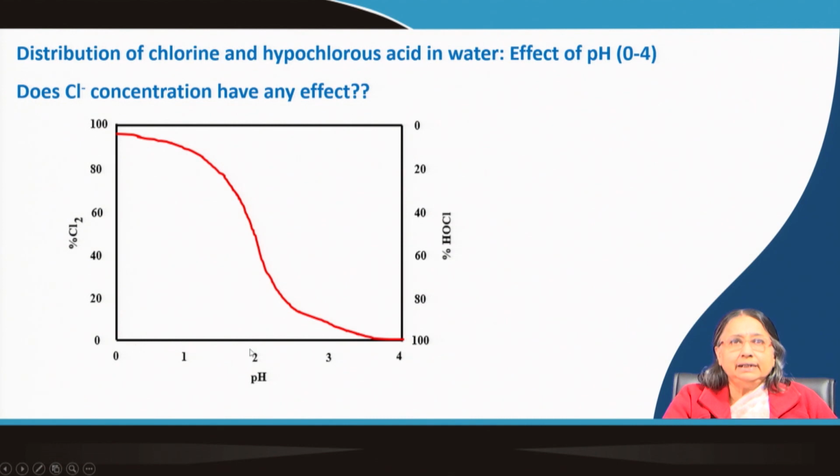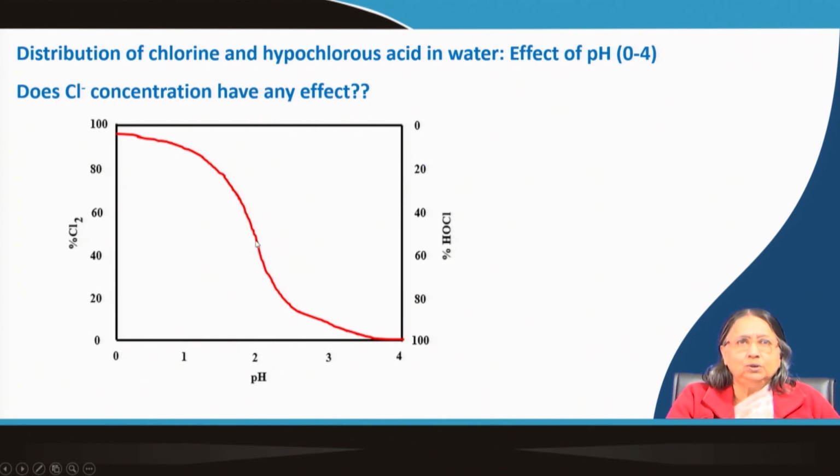As you increase the pH, say for example, at pH 1 the percentage of chlorine is about 90%, and HOCl is 10%.